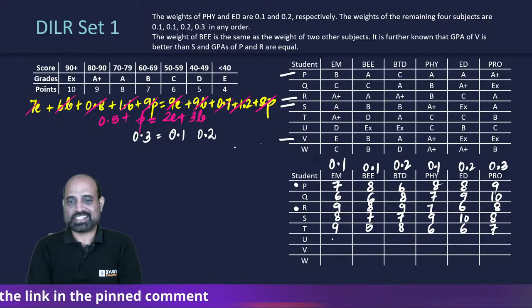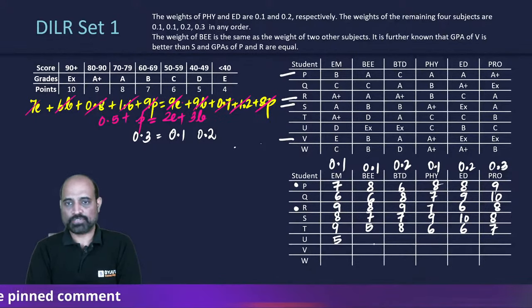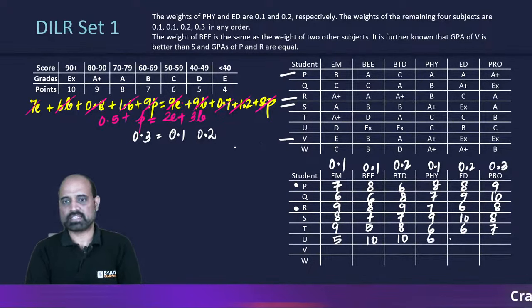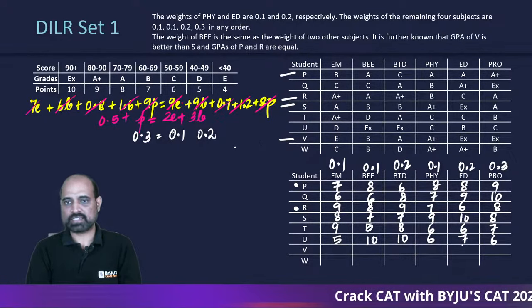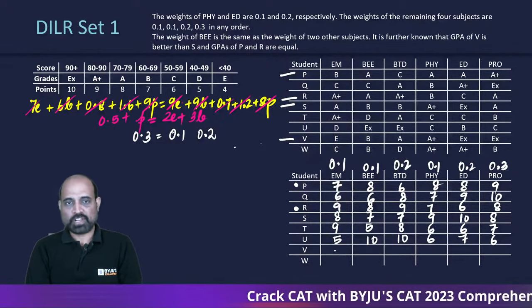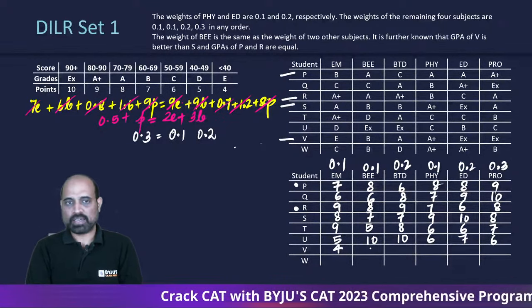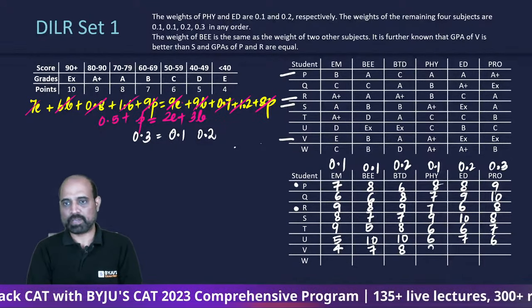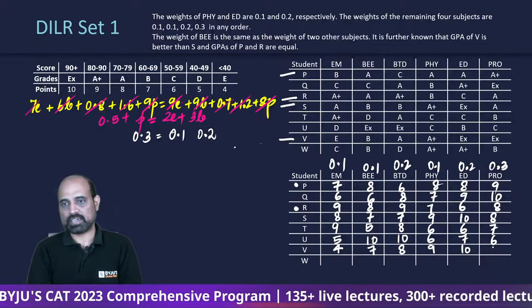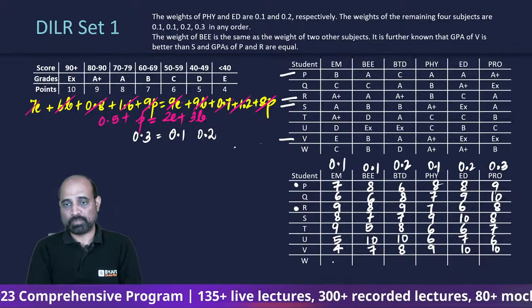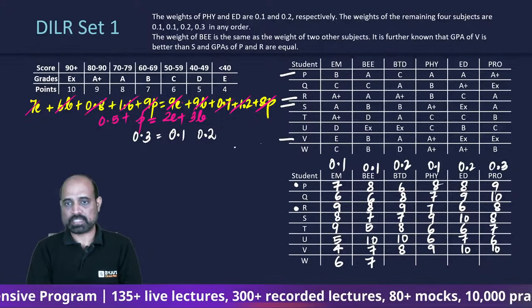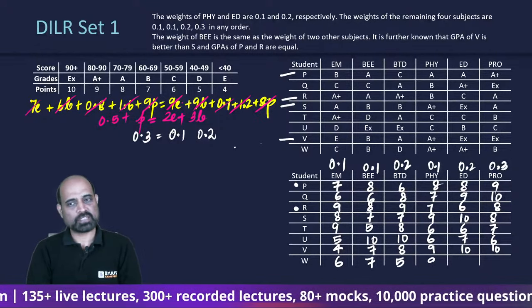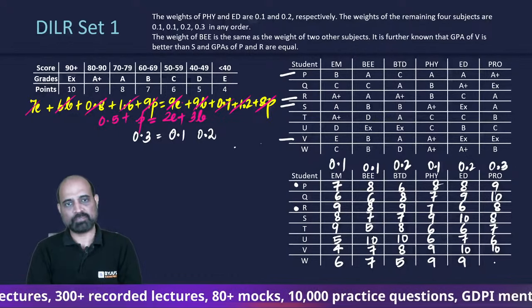For U, it is D, which was a 5, and then we have EX as 10, EX as 10, C as 6, B as 7, C as 6. For V, we will have E as 4, B as 7, A as 8, A plus as 9, EX as 10, EX as 10. And for W, we will have C as 6, B as 7, D as 5, A plus as 9, A plus as 9, and B as 7.